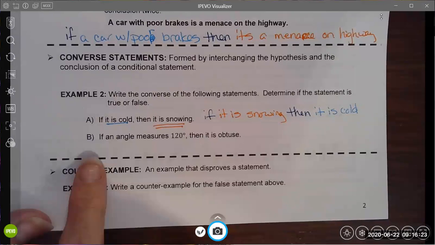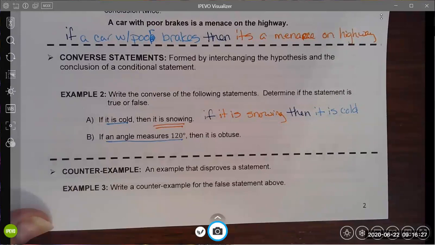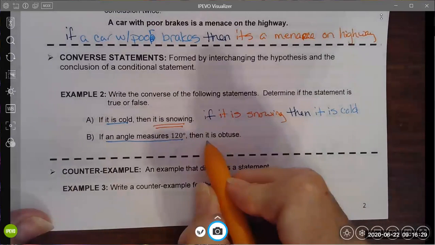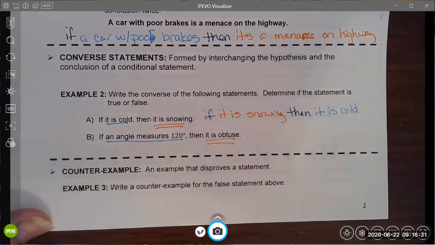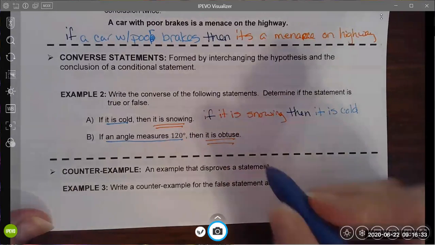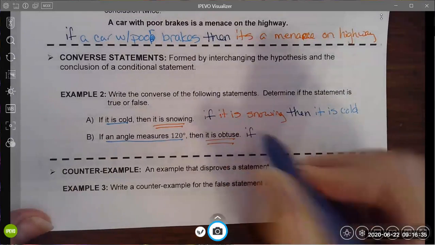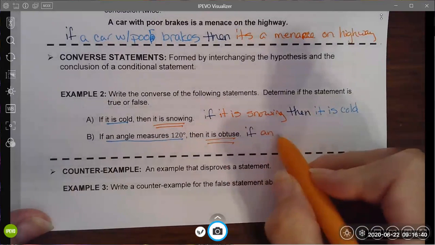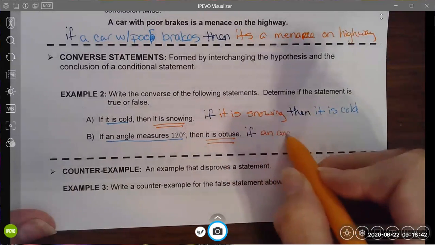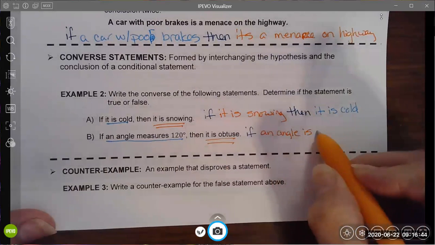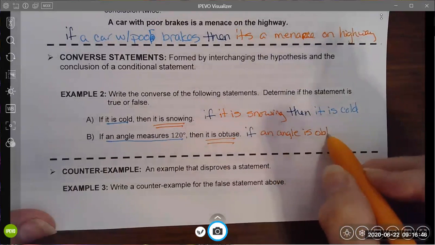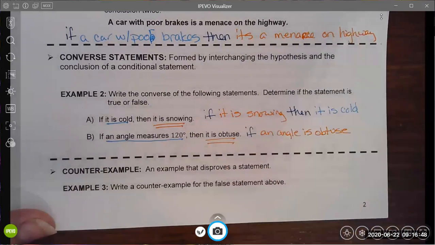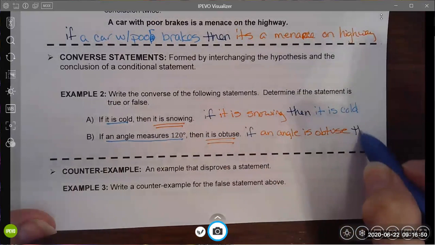The next one, the hypothesis is an angle measures 120, and the conclusion is it is obtuse. So if I'm going to write this as a converse, I would say if, and I'm going to move the words around just a little, an angle, to make it more linguistically sensical. So if an angle is obtuse, then it measures 120 degrees.